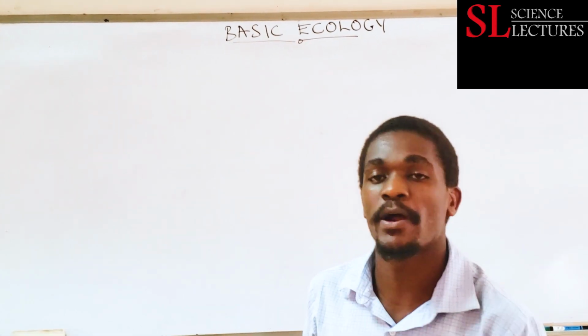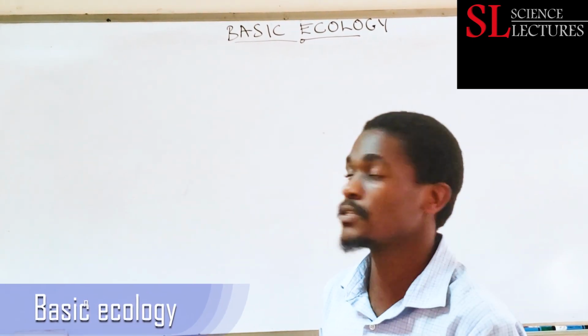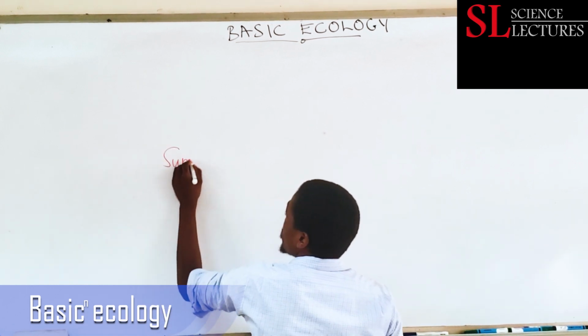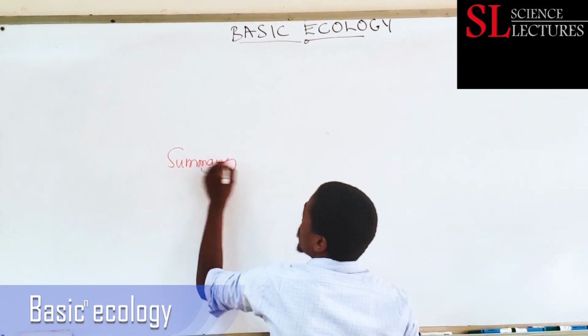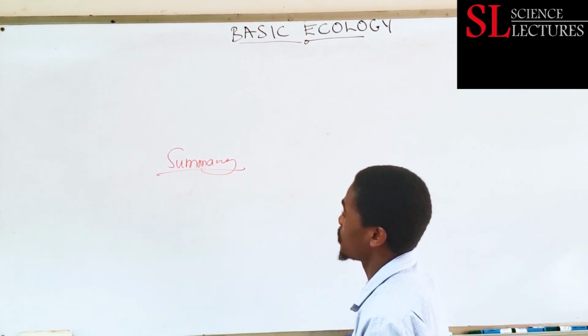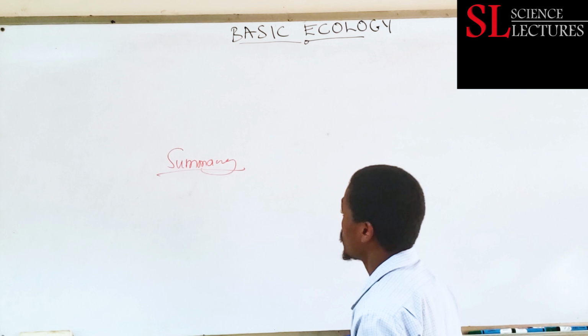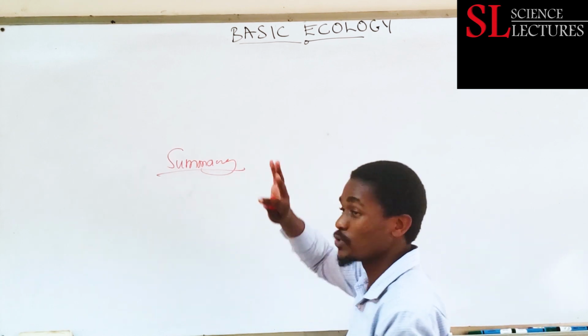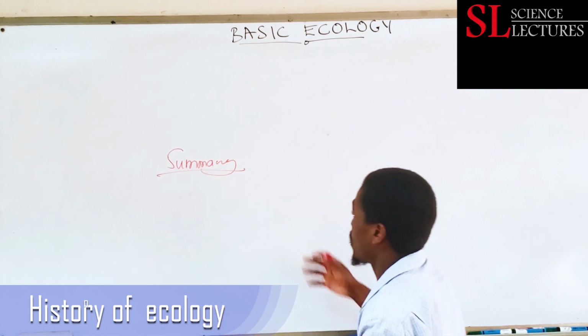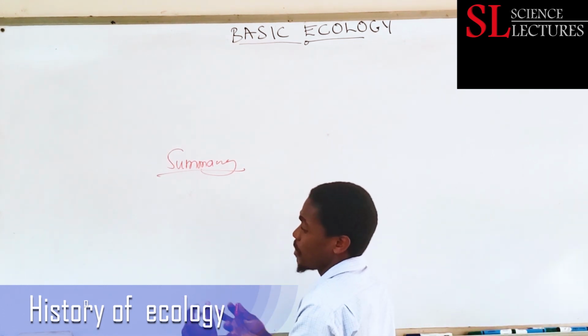So let's have a summary of whatever we've seen in this history of ecology. It is very important for us to summarize, to break down this history in a way that is more digestible. First of all, we said the word comes from two Greek words, oikos and logos. Oikos means home, logos means study.